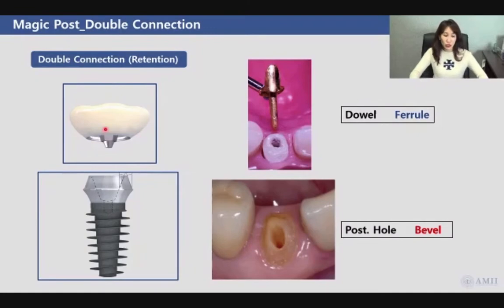So it's going to have the same inner outer double connection as the dual crown of the post and core.